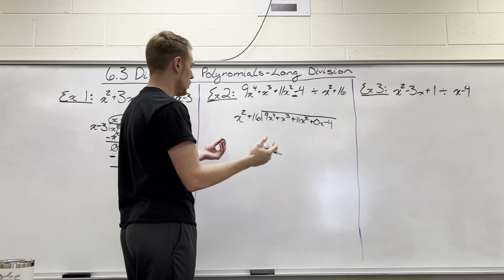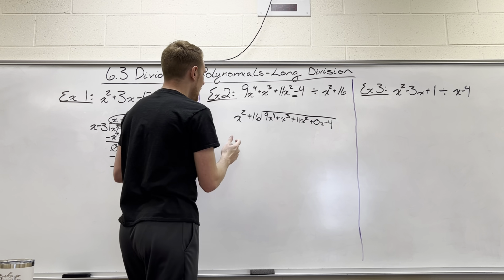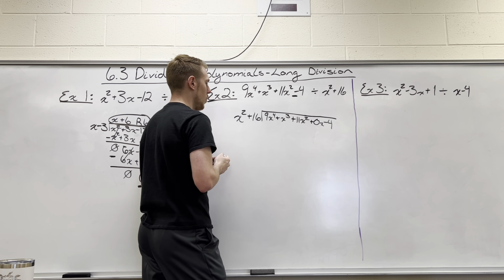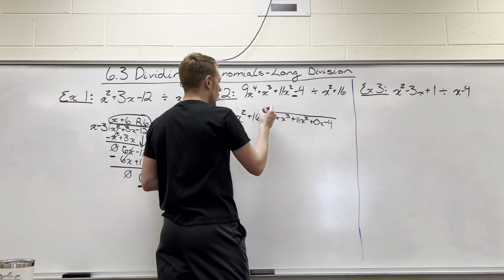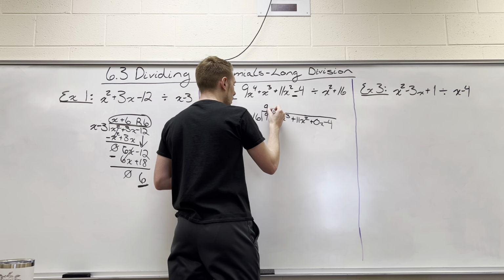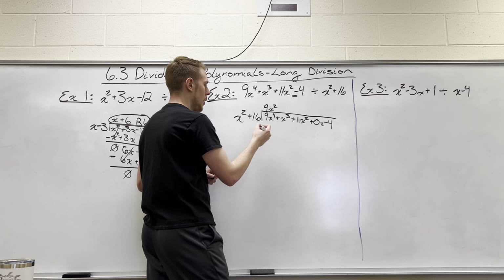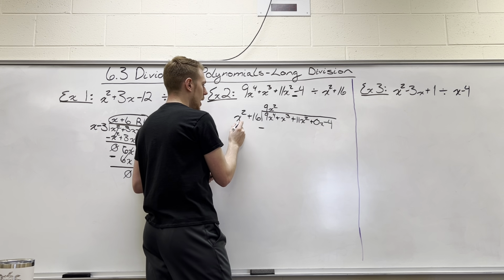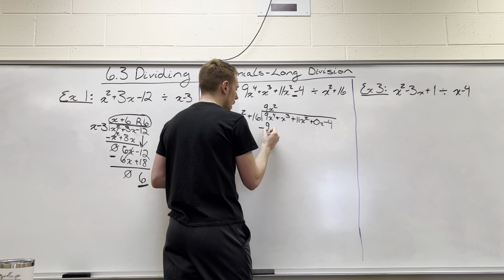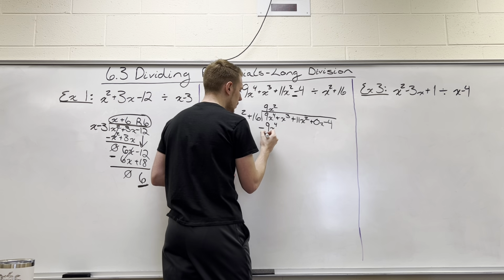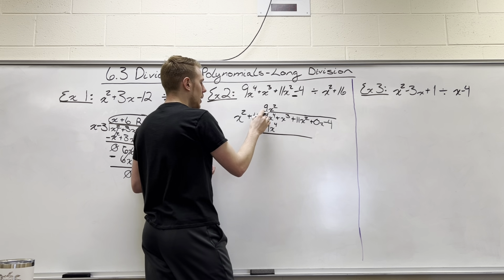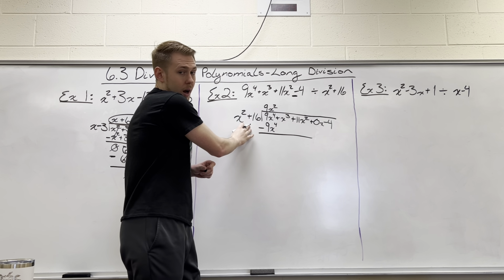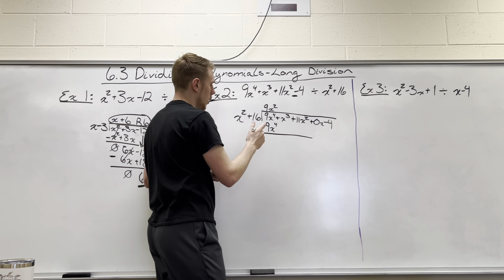All right, so now let's do what we already did. How can I make x squared equal 9x to the 4th? 9x squared. Okay, so now we do it how we would here. 9x squared times x squared is going to be 9x to the 4th. Now you need to apply this to 16, and you get 144.